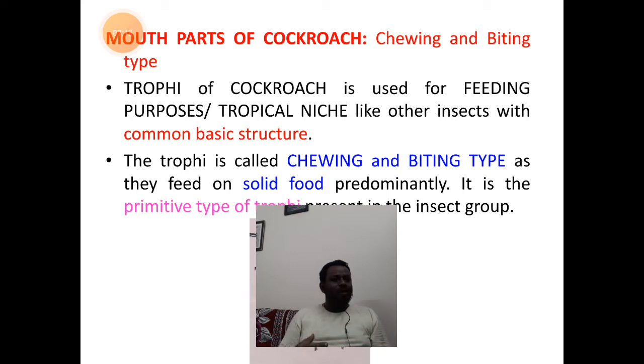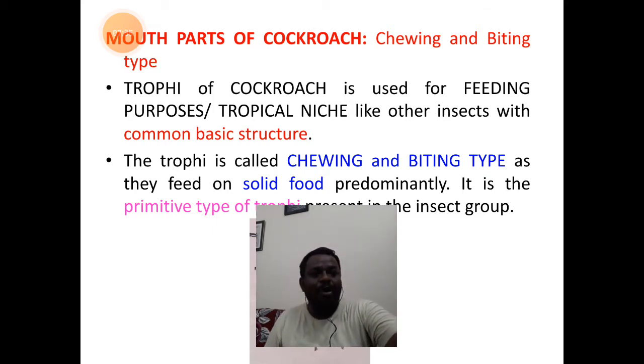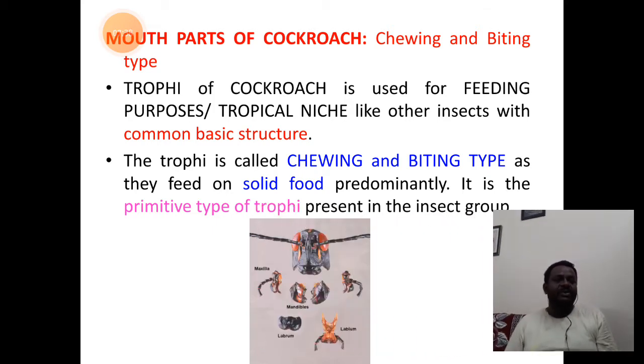The kind of mouth parts what we find in cockroach that assist in chewing and biting type of food is considered to be the most basic parts that an insect should possess. So it is said to be primitive type of the trophi. So when we say primitive type, it is most basic type.